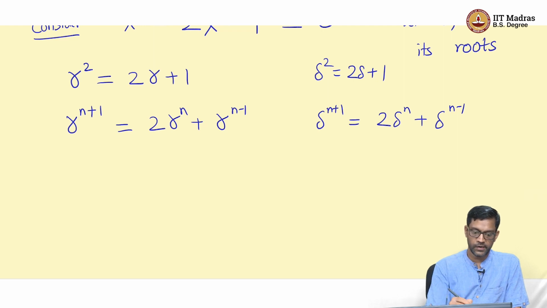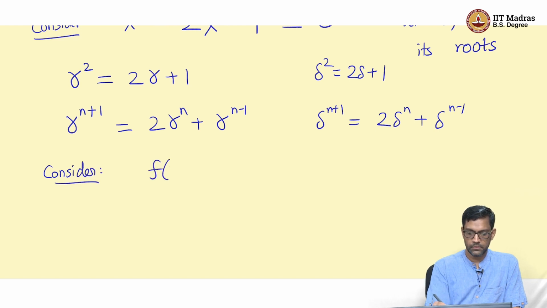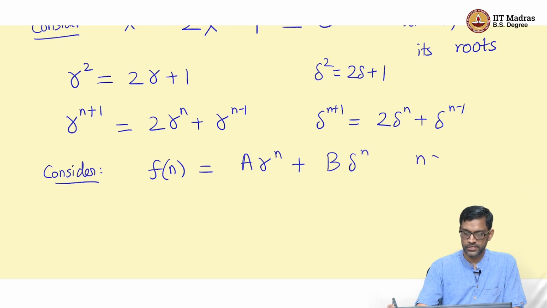So like we did earlier, we form a linear combination of those two. Let's consider a new sequence f of n to be some multiple of gamma to the n plus some multiple of delta to the n, for all n greater than or equal to 0, where you fix some real numbers a, b.